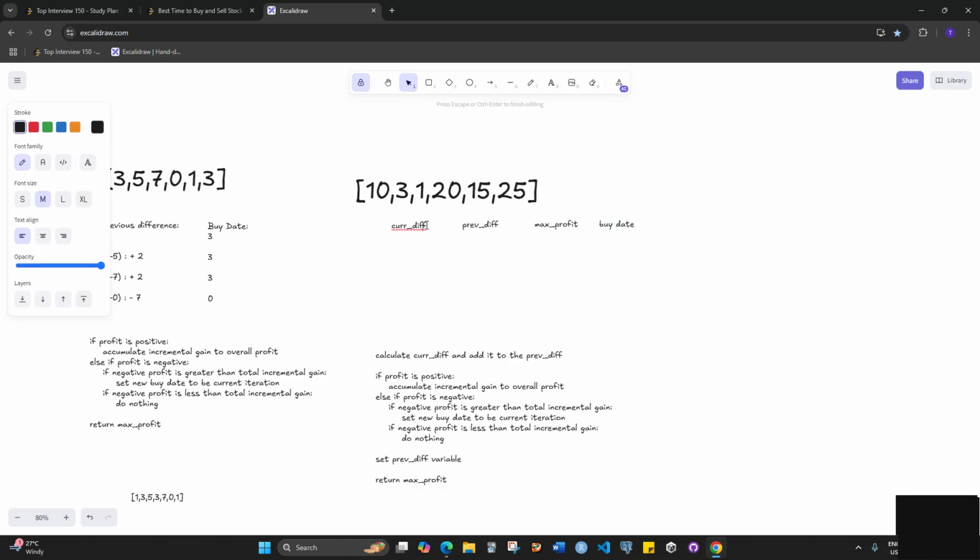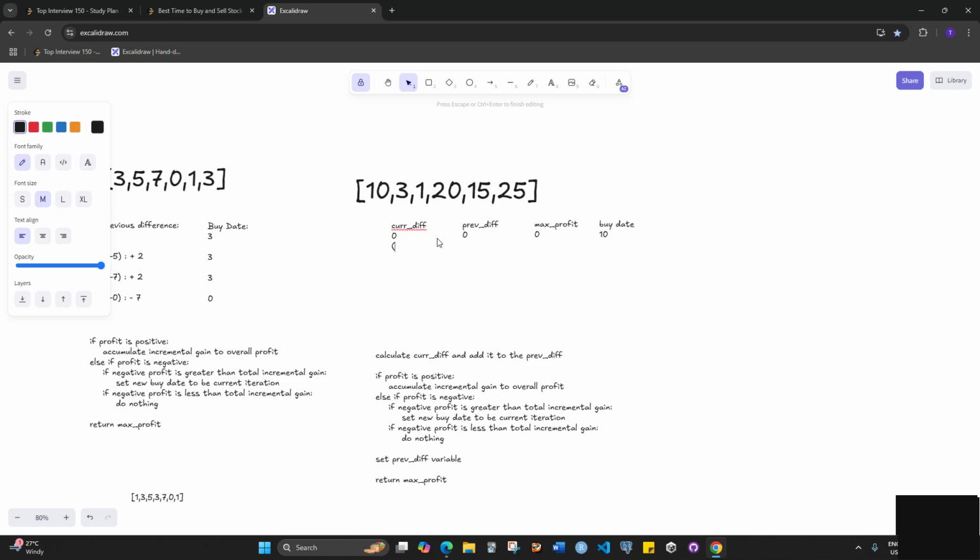Okay, cool. So the current diff is going to be 0, previous diff is going to be 0, max profit is 0 so far, and buy value is going to be the 10. So this is just initialization.